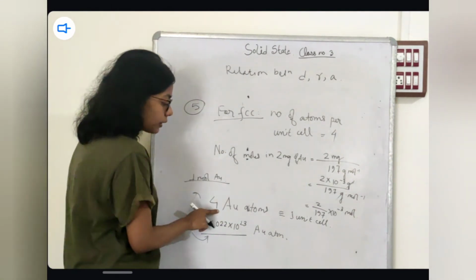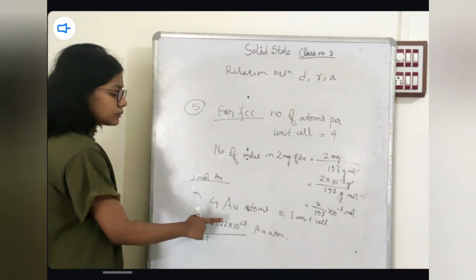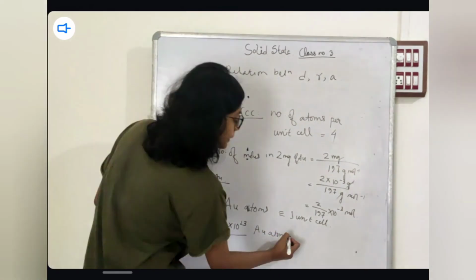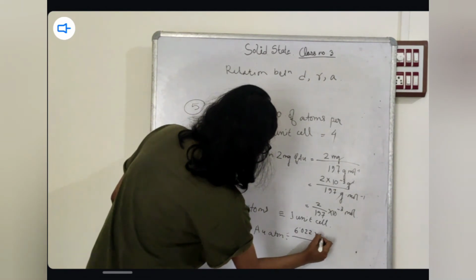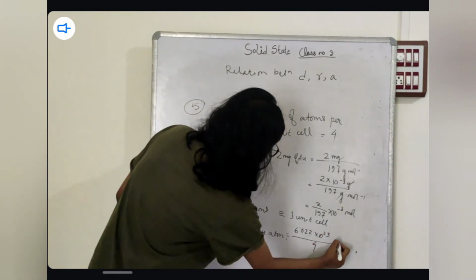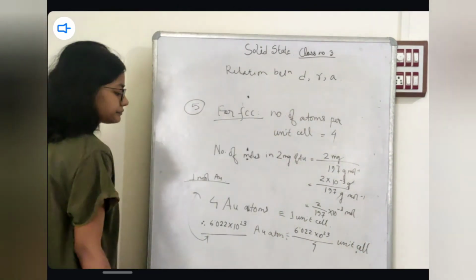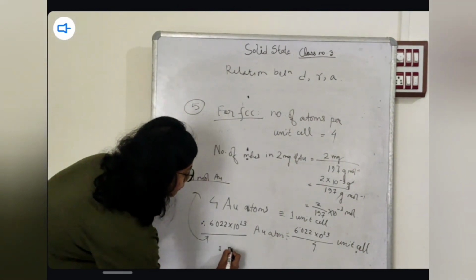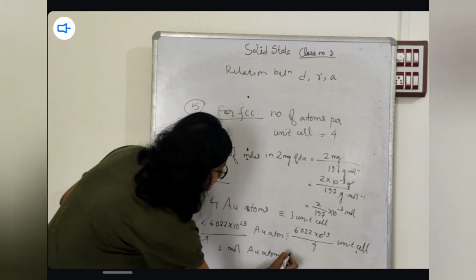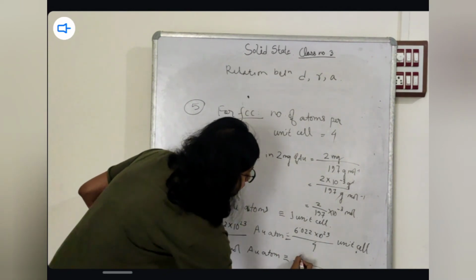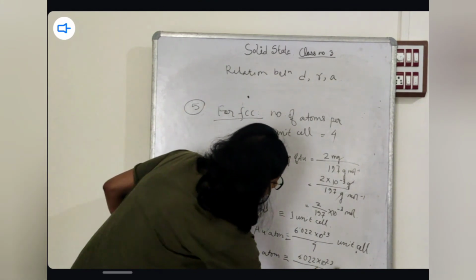So 4 gold atoms imply 1 unit cell. So 6.022 into 10 to the power 23 gold atoms will imply how much? 6.022 into 10 to the power 23 by 4 unit cells. It means 1 mole gold atom is equivalent to 6.022 into 10 to the power 23 by 4 unit cells.